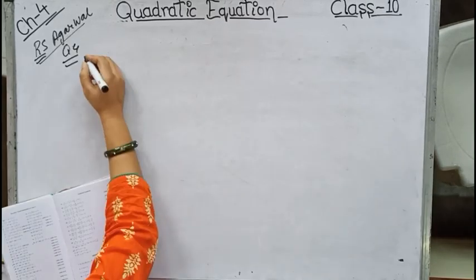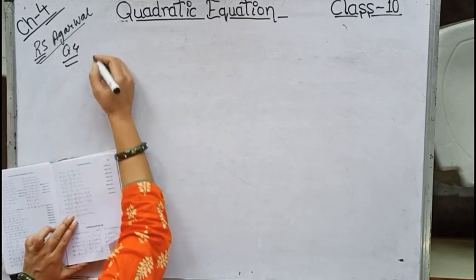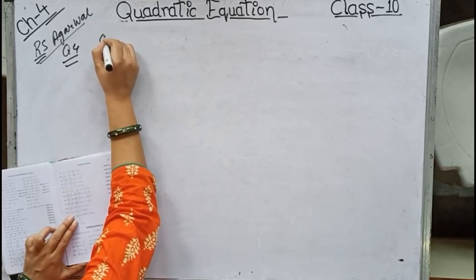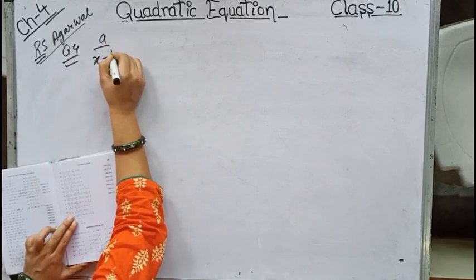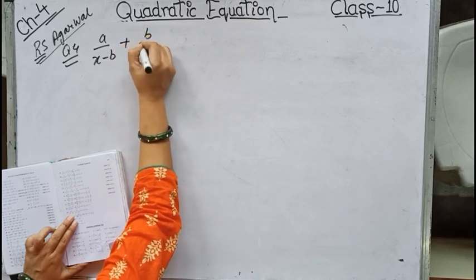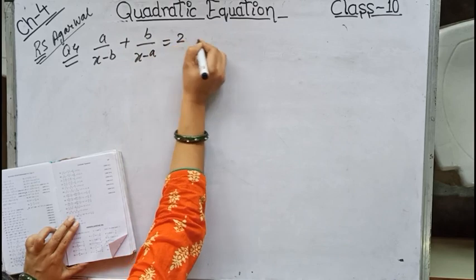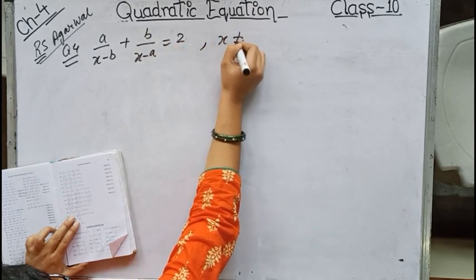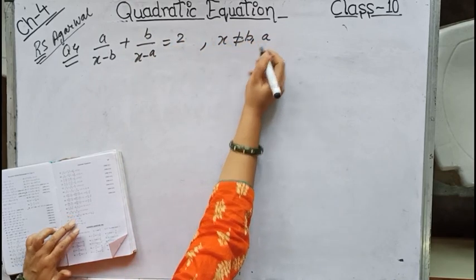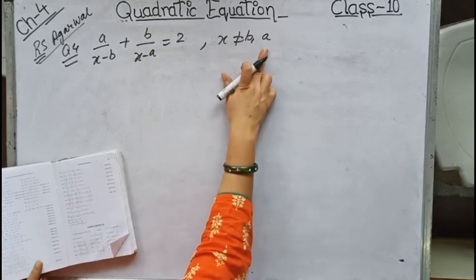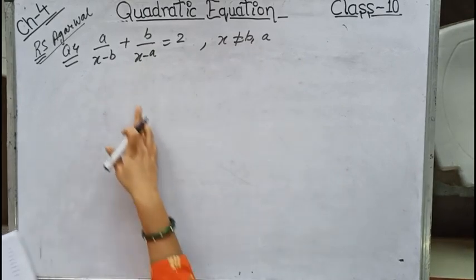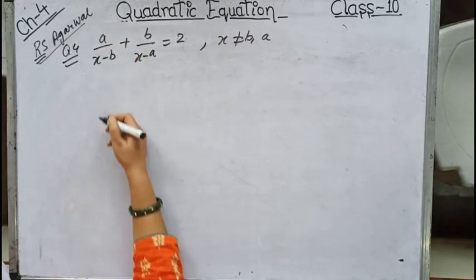I am taking question number 69 of my book. It is a by (x minus b) plus b by (x minus a) equals 2, and x is not equal to b or a. Obviously if x equals a or b, the denominator will be 0 and hence an undefined form will come.